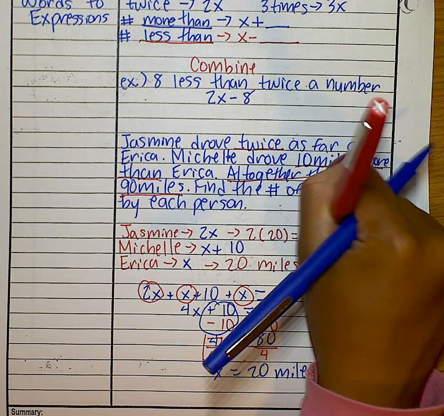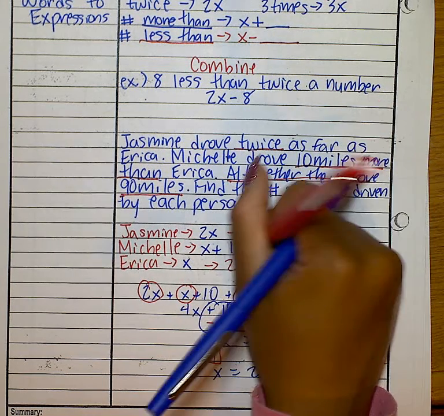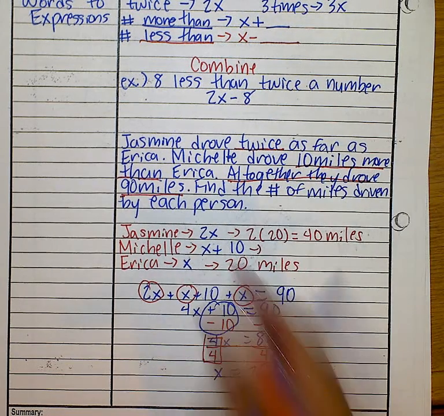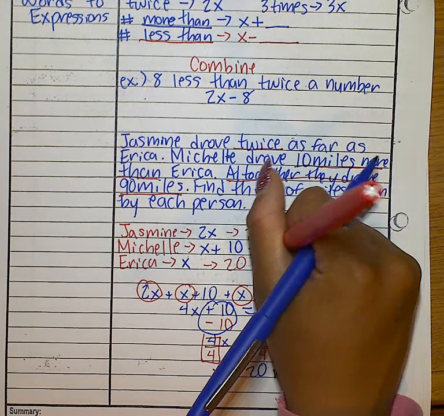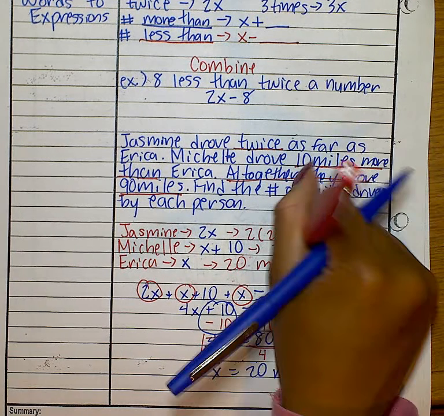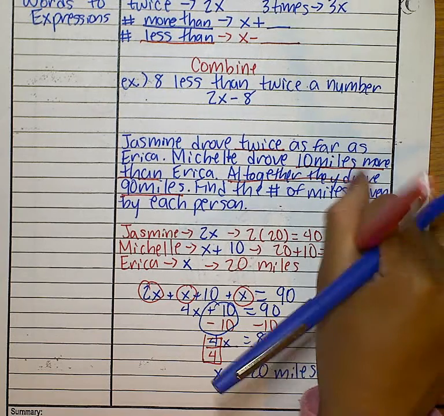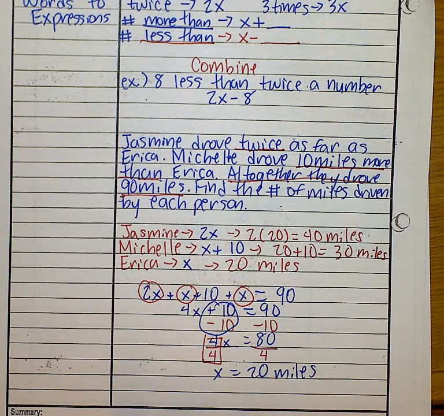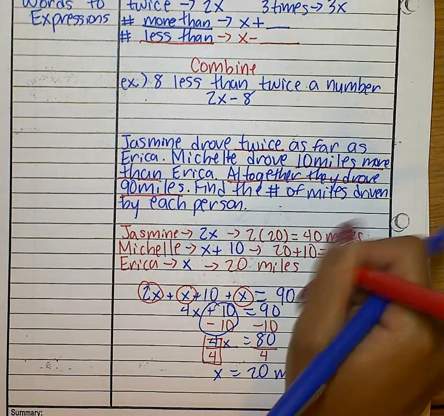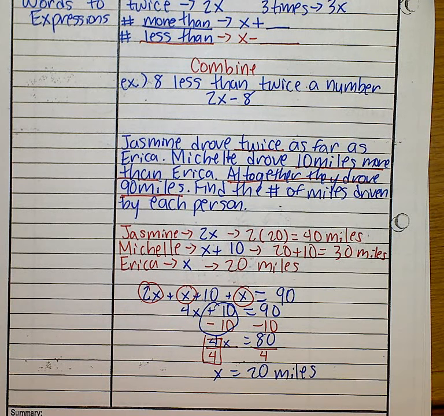And then Michelle drove 10 more miles than Erica, so 20 plus 10 is equal to 30 miles. Altogether, 40 miles plus 30 miles plus 20 miles equals 90 miles. That is how you solve this equation.